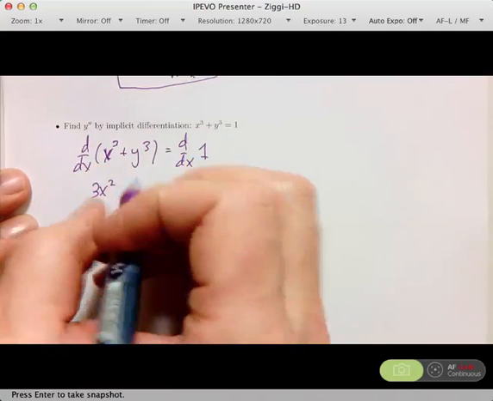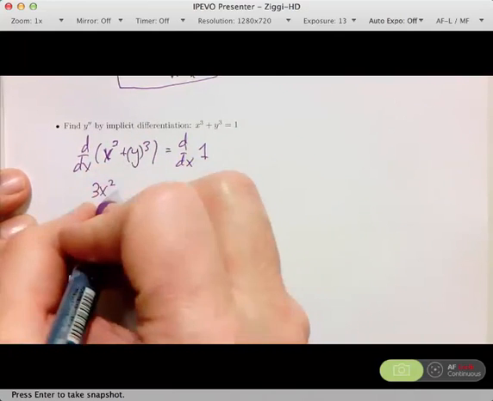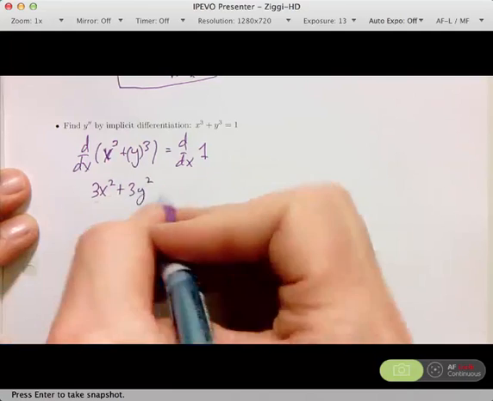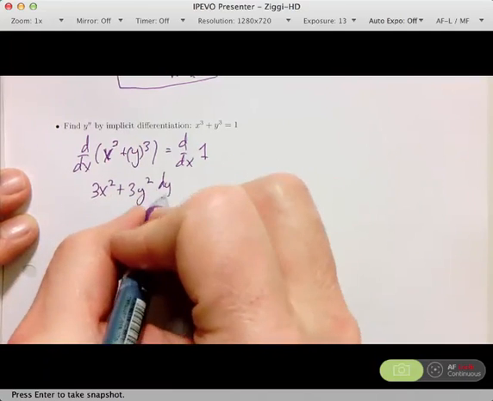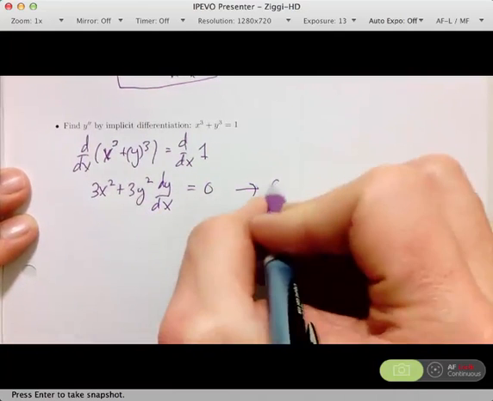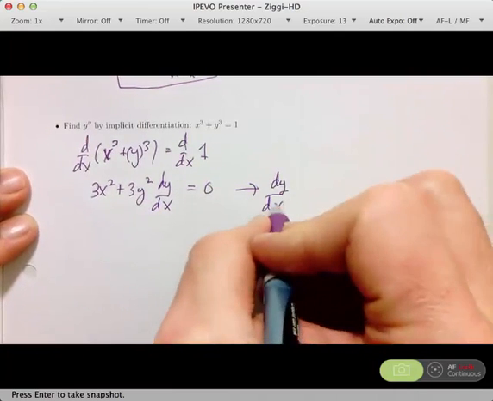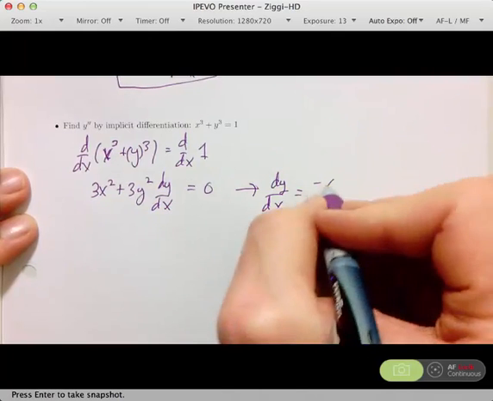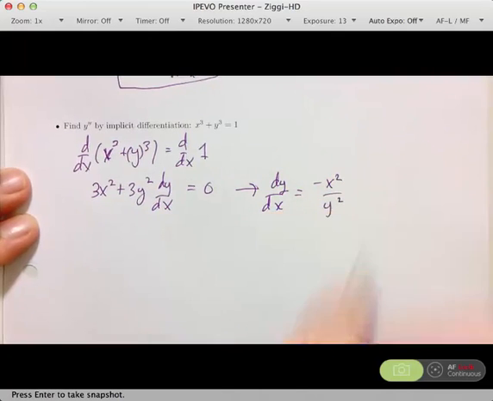Here I have to use the chain rule. Y is the inside function, so plus 3y squared times dy dx equals 0. Solving for dy dx here, I'll let you figure out the algebra, gives me minus x squared over y squared. The usual kind of algebra there.